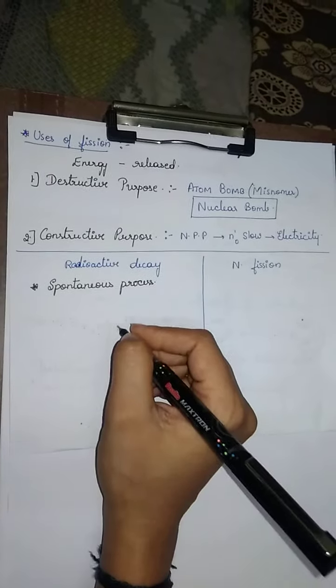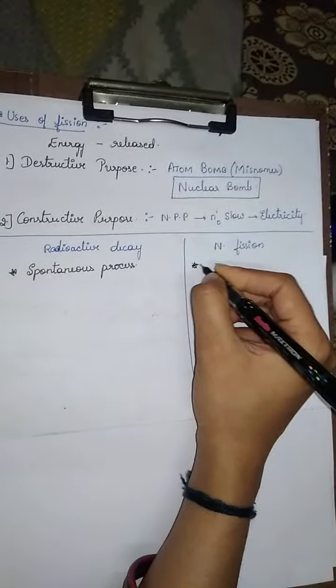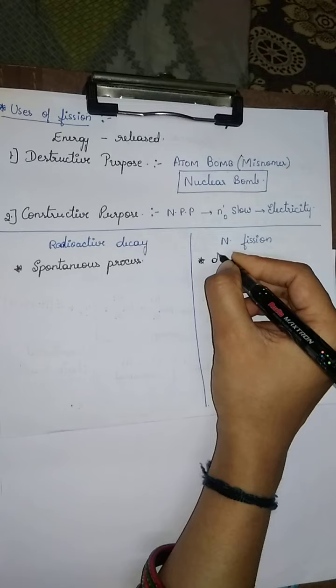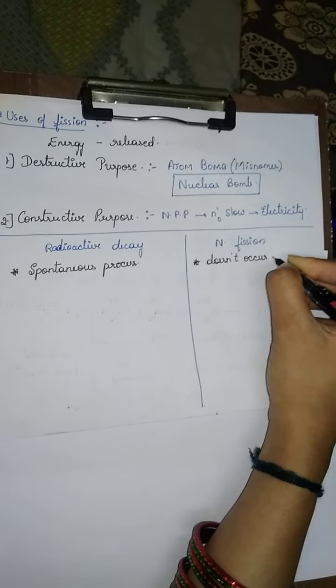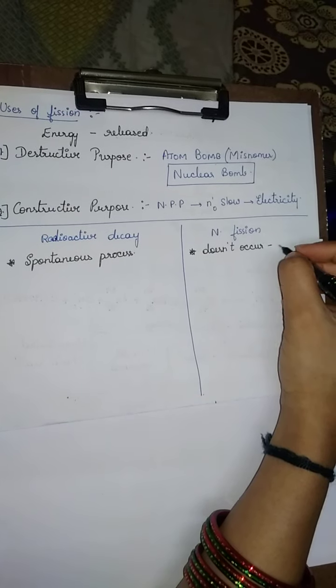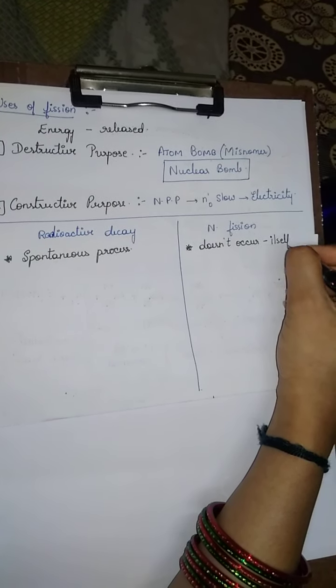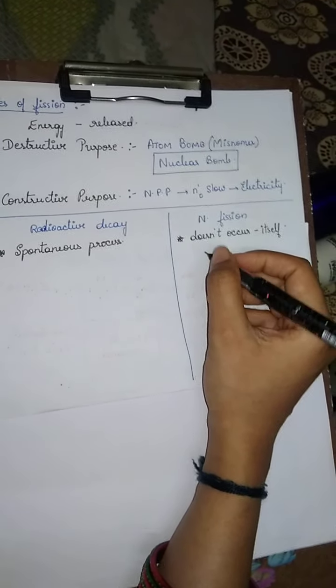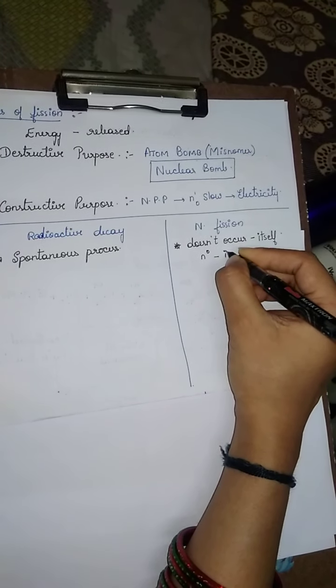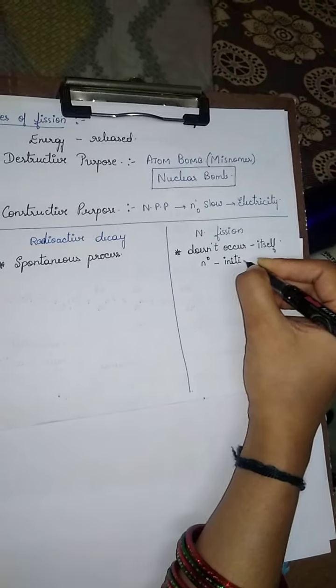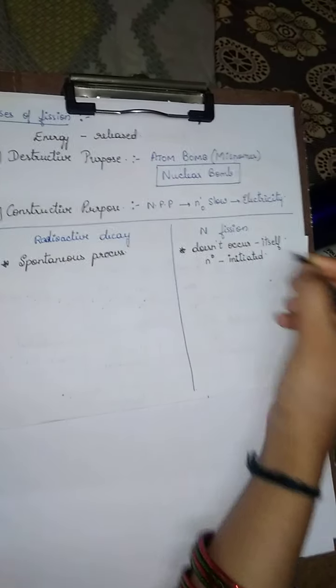Nuclear fission, on the other hand, doesn't occur by itself. It has to be initiated with the help of neutrons. This is the first difference.